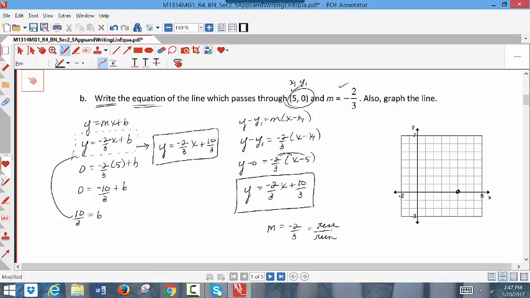So I'm going to go down 1, 2, and then to the right, 1, 2, 3 to get another point. Okay, so there's my 2 points. And my line will look something like this. I mean, I'm freehanding it on a tablet, so it doesn't look really good, but there it is.